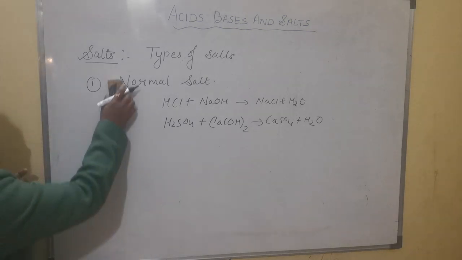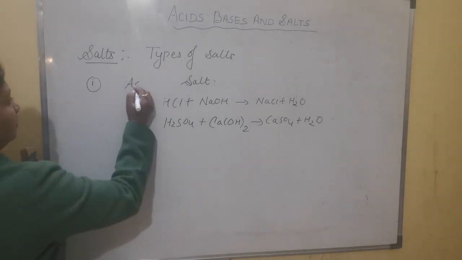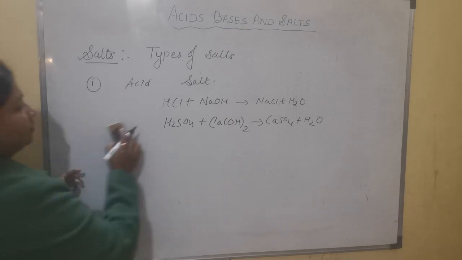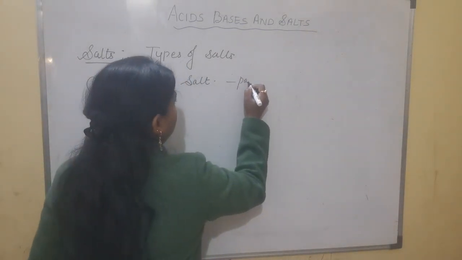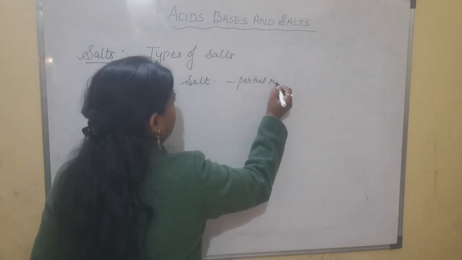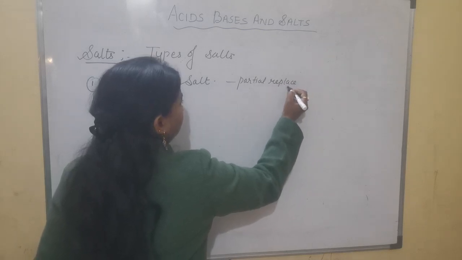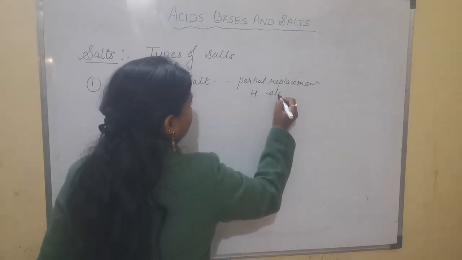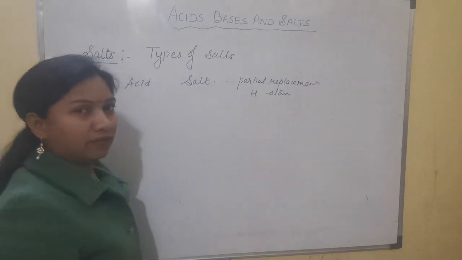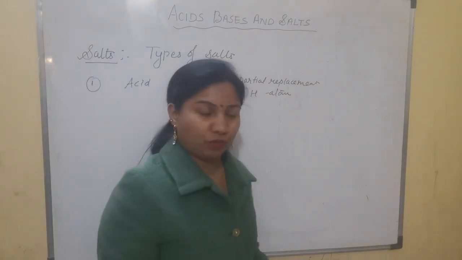Second type of salt is acid salt. Acid salts are formed by the partial replacement of hydrogen atom by a metallic ion or an ammonium ion.